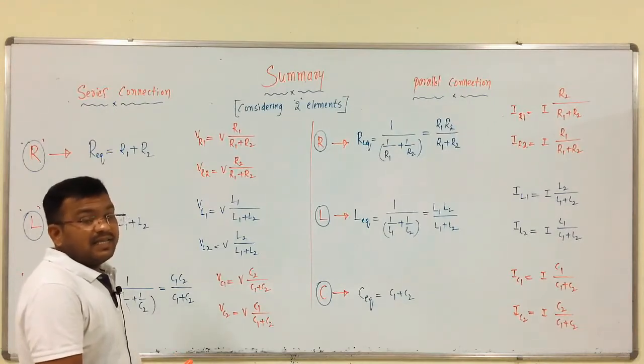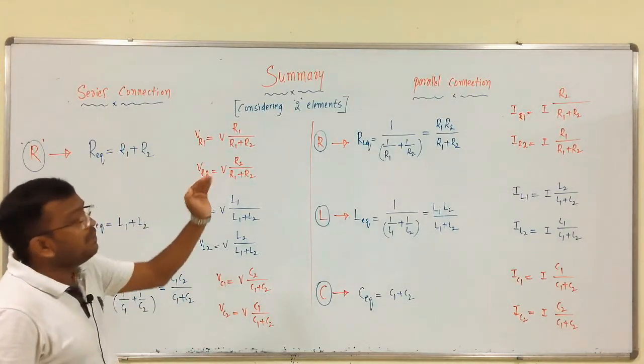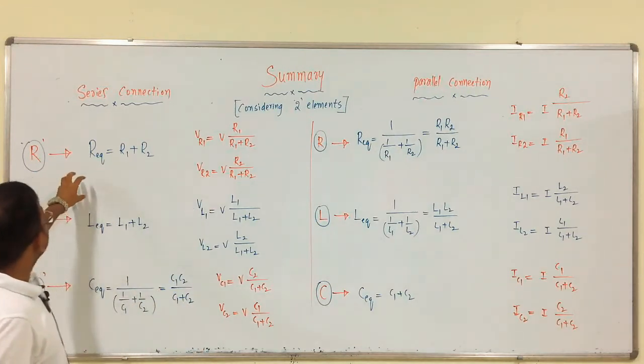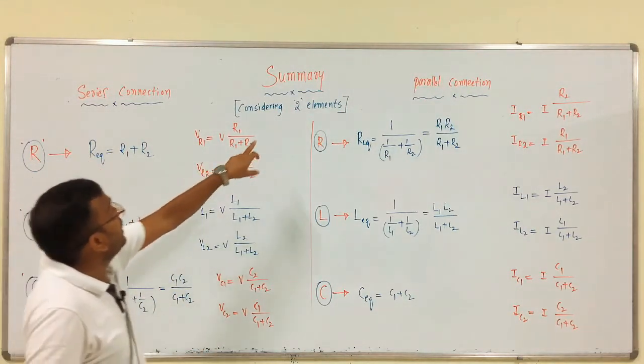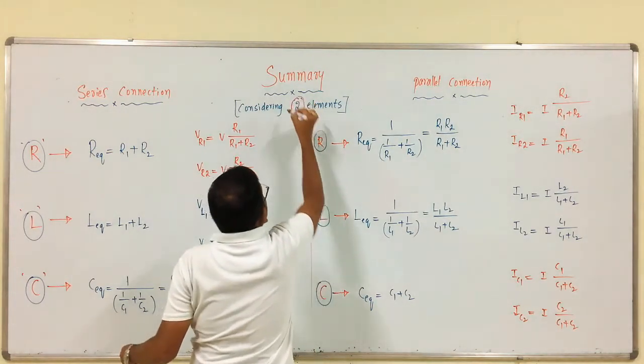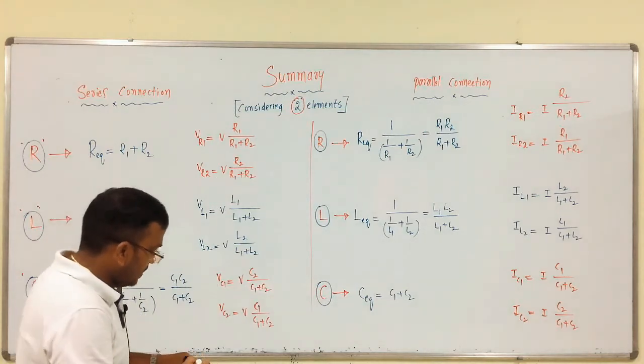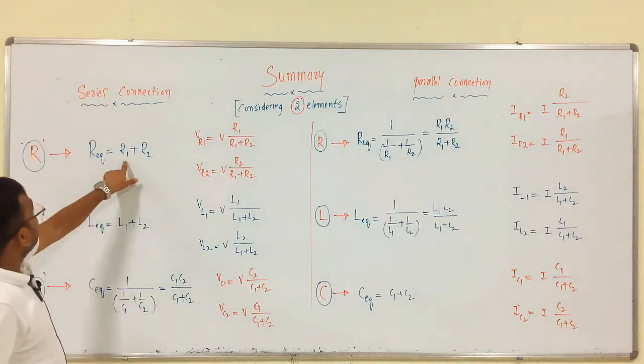Now, we can summarize all the elements which are connected in series as well as in parallel, right. First, considering the series combination, considering only two elements.